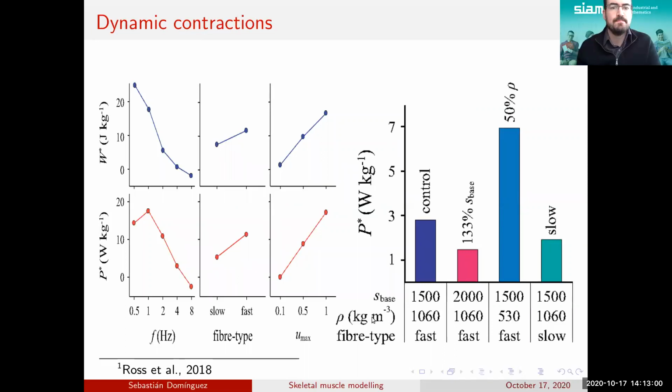Just about. Okay. So in 2018, for SICB, the Society of Integrative and Comparative Biology, we wanted to submit a paper for a special issue on muscle modeling. In there, we wanted to compare how the specific work and power of a dynamic model based on a 1D model, based on the Hill-type muscle model that I described before, would compare to a 3D muscle model and to some data as well.